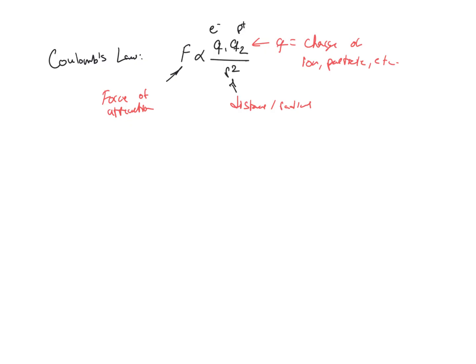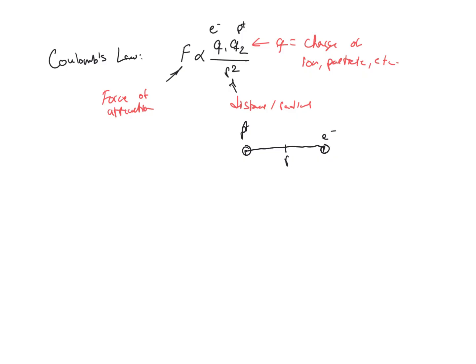If we want to visualize r squared, or the radius, we can think of one particle here, one particle here. Let's say this is a proton, and right here we have an electron. Its radius would be this distance right here, the distance between the center of both of those particles.